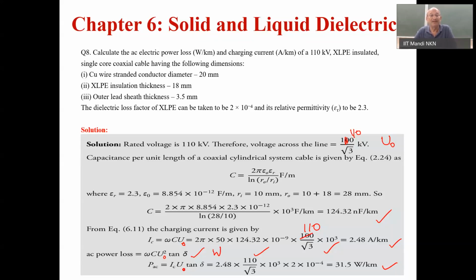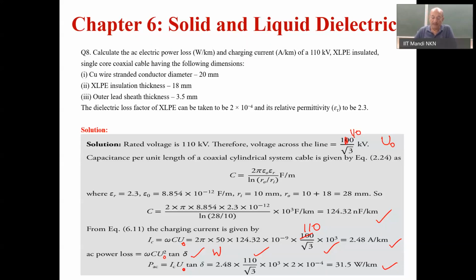If you had used some other dielectric and the epsilon r was higher, for example, for paper impregnated paper cables, it is more than 4, so the losses would have been very high. So epsilon r determines the losses, and it is desirable to have a dielectric with lower relative permittivity to check the losses.